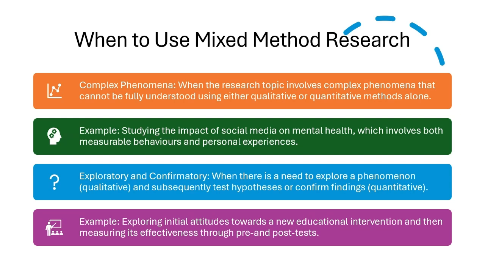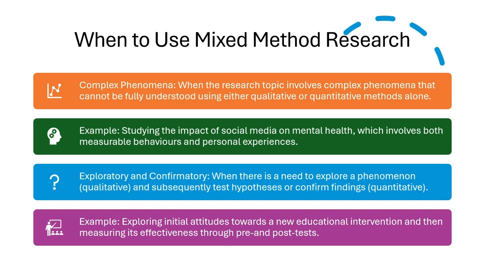We can use mixed method research design when we want exploratory and confirmatory results. So where there's a need to explore the phenomena, for instance, qualitatively, and then subsequently test the hypothesis or confirm findings in a quantitative manner.